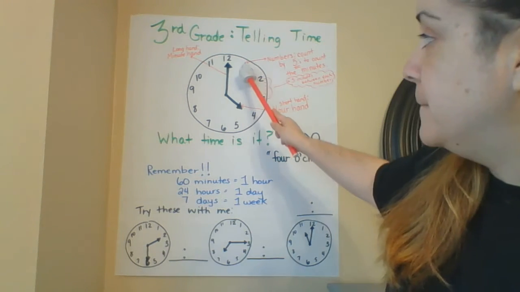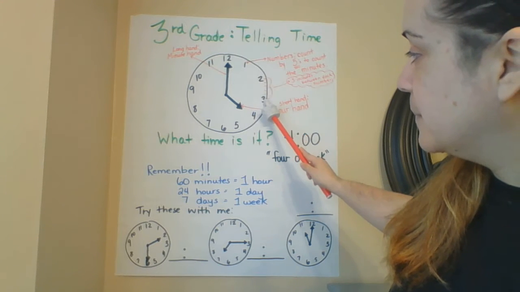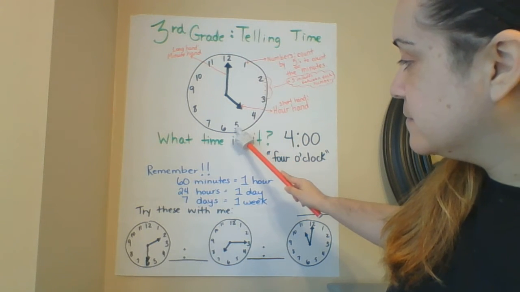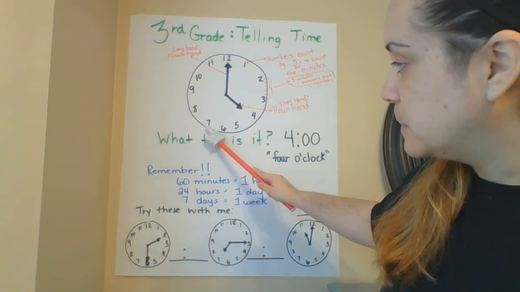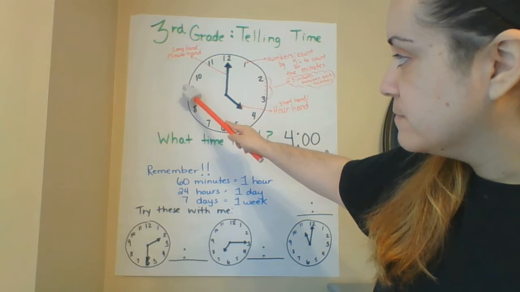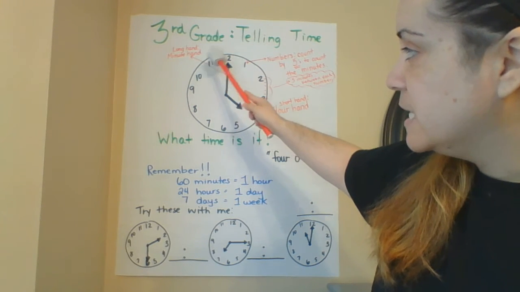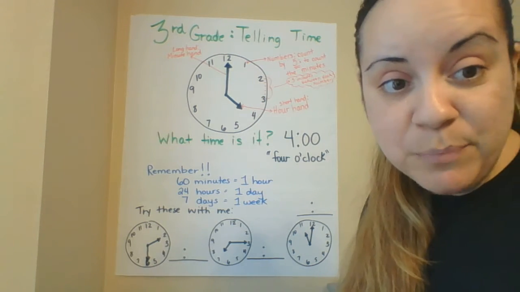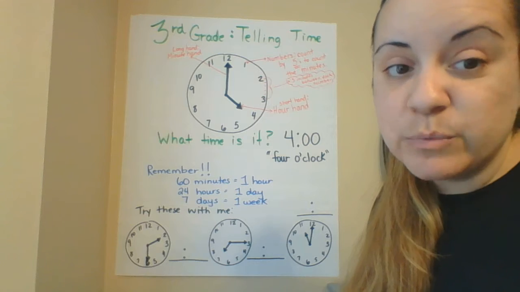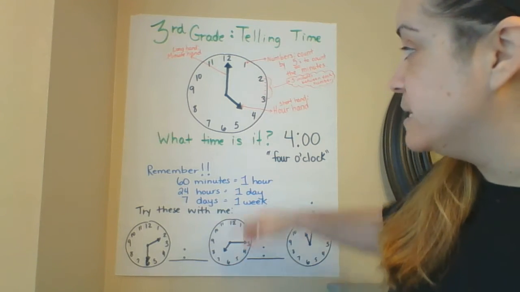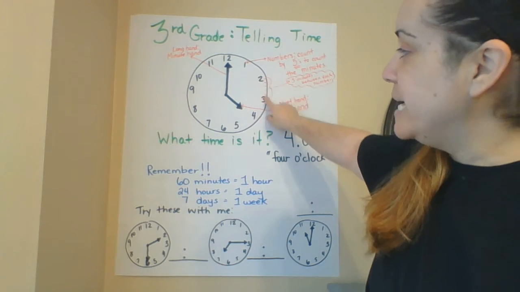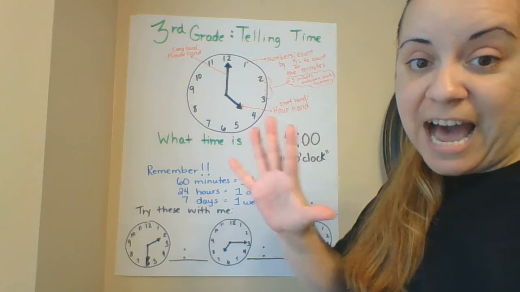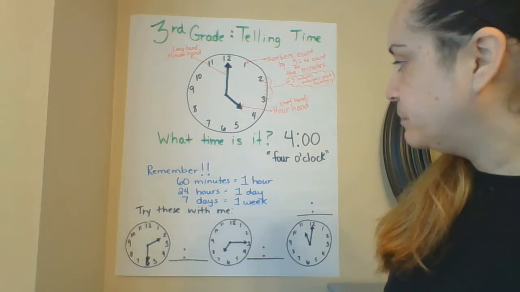And go. 60. Good job. It's really important that you remember to count by fives when you're telling the minutes on the time because in between each number is 5 minutes, okay?